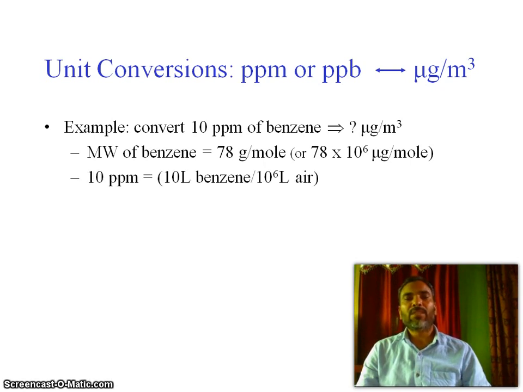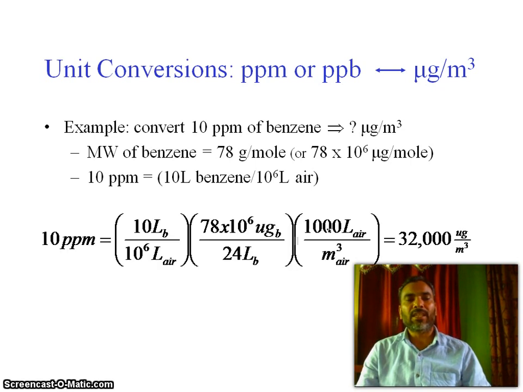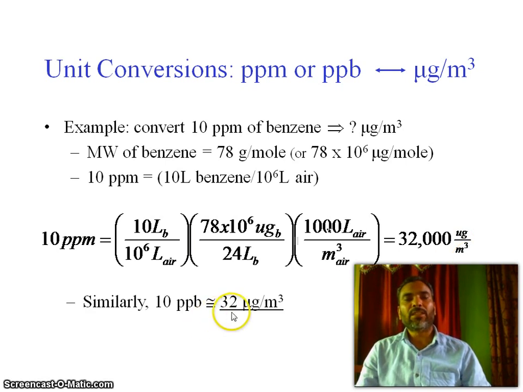So 10 ppm is equal to 10 liters benzene per 10 to the power 6 liters air. Look here: this is the 10 ppm, 10 to the power 6 liters air, 78 times 10 to the power 6, 24, and then you get 32,000 microgram per cubic meter. Similarly, 10 ppb is equal to 32 microgram per cubic meter.